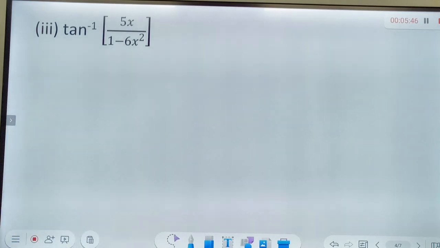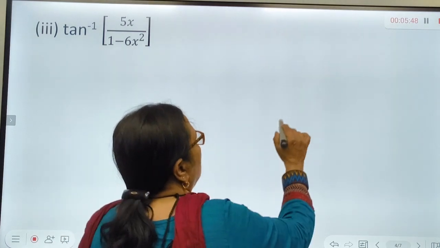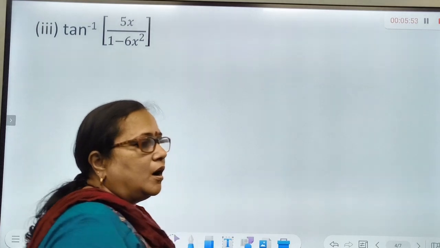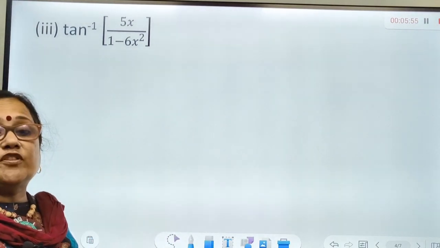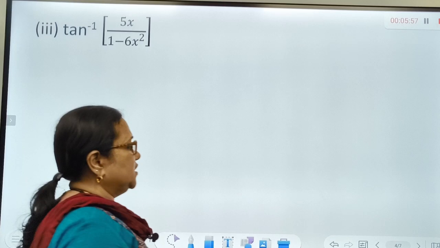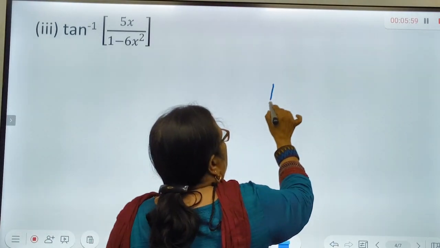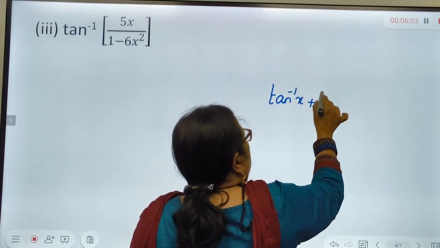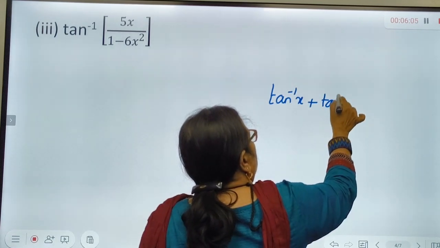Now before we do this, actually, I want to talk about a particular derivation of how to simplify functions of the form tan inverse A plus tan inverse B. Okay, let us look at tan inverse x plus tan inverse y.